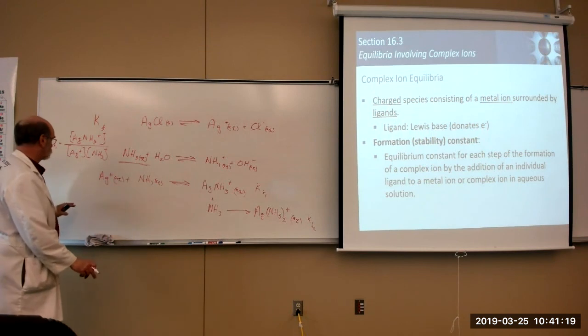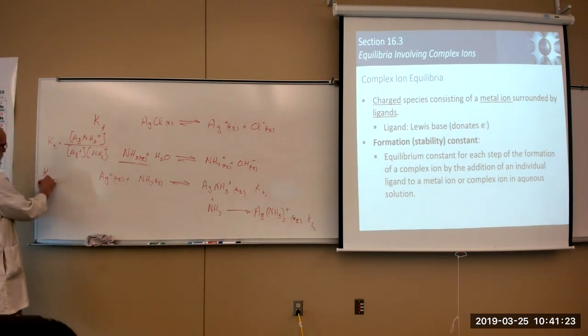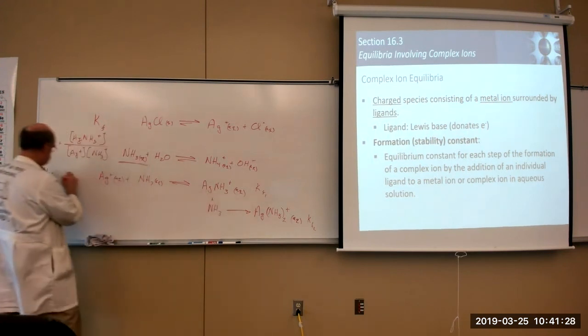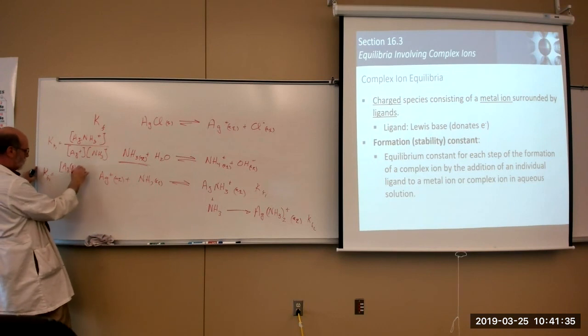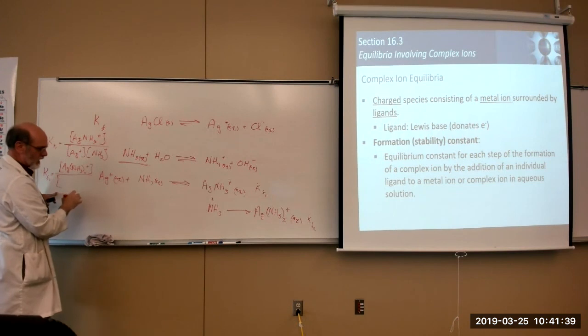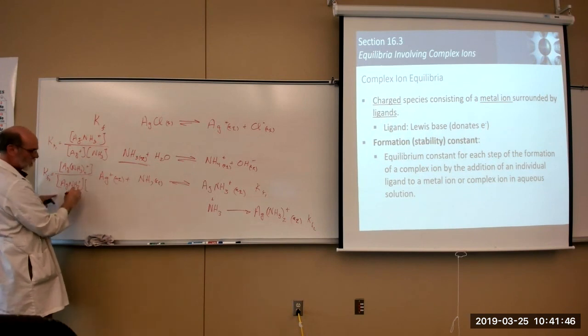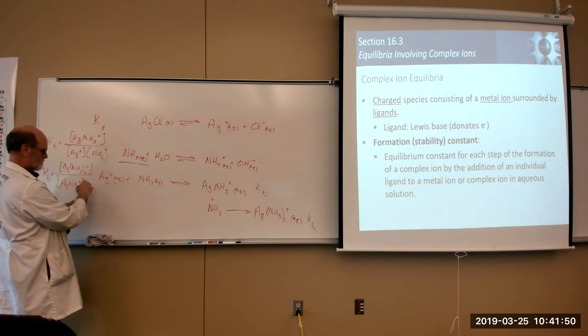So overall, we could write another K for the second one, and that would be that one. Actually, there are two of them, like that. And then here, we would have this one and NH3.